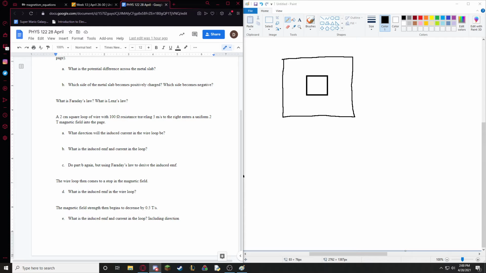All right. So how would we go ahead and find our induced EMF and current in the loop? We can't quite use our fallback of just motional EMF because there's no motion here, right?